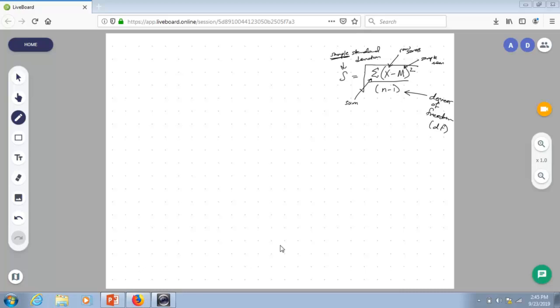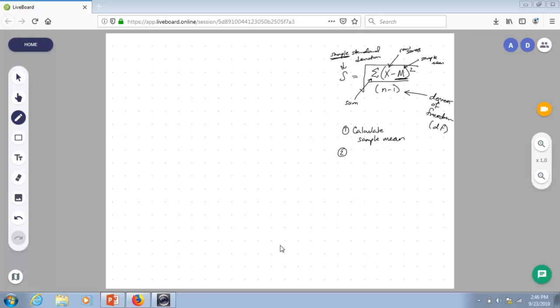So, just for clarity's sake, I'm going to apply the order of operations to this statistical formula that you see. And in doing so, I will break down step by step what you need to do in order to calculate a sample standard deviation. One, you need to calculate the sample mean. If it's not already given to you, you need to calculate that based on your data set.